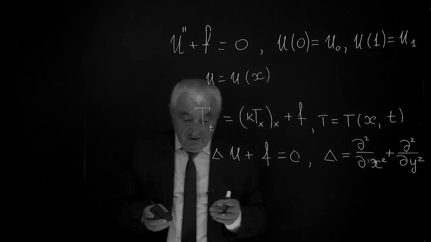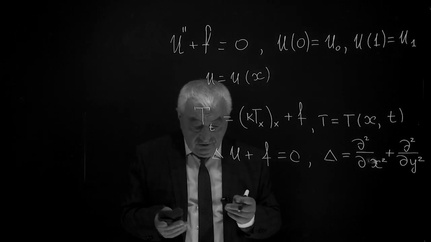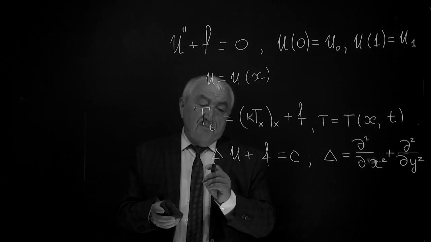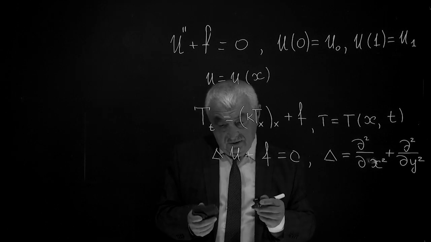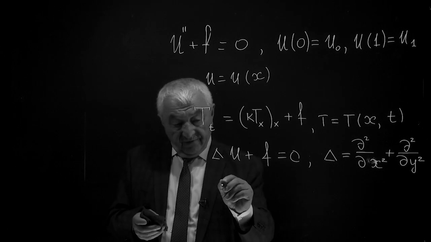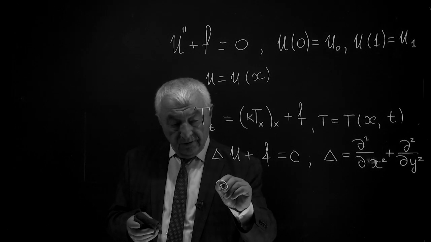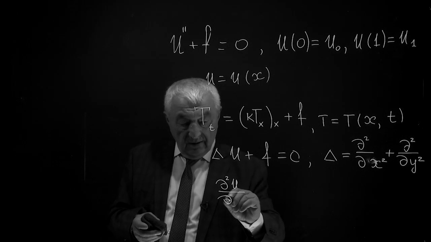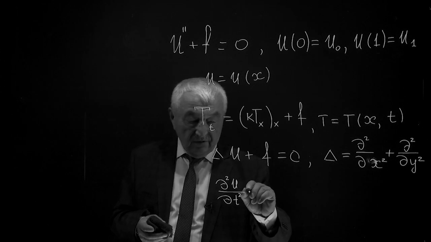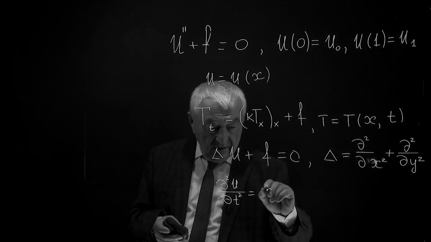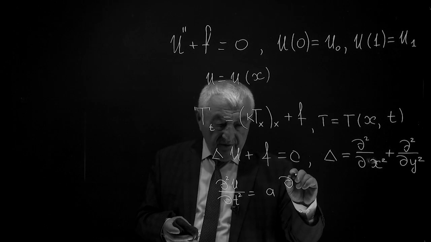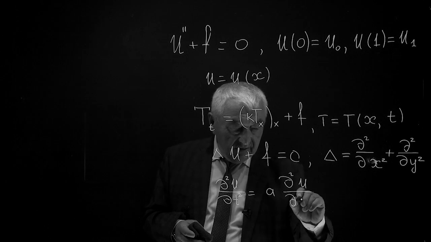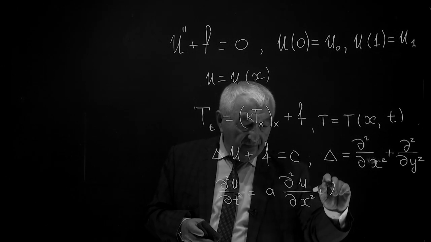Such equations are widely used in various directions. For example, in medicine, in order to describe the blood motion in arteries, plus wave equations of such types: the second derivative of u with respect to time is equal to a coefficient times the second derivative of u with respect to x, plus f.